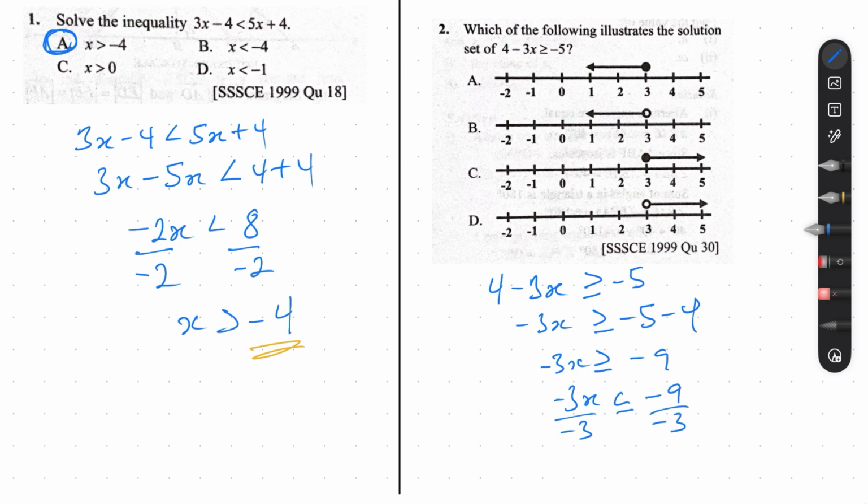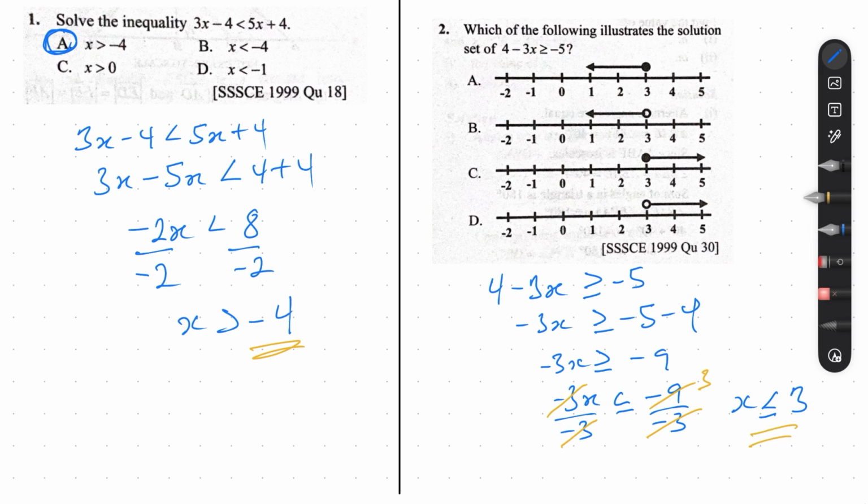So finally, negative 3 cancels negative 3, and then negative 3 goes into negative 9 3 times, right? So our answer will be x less than or equal to 3. So this is our answer.